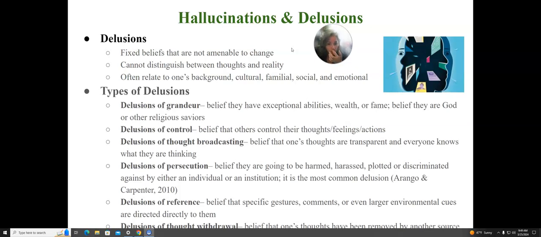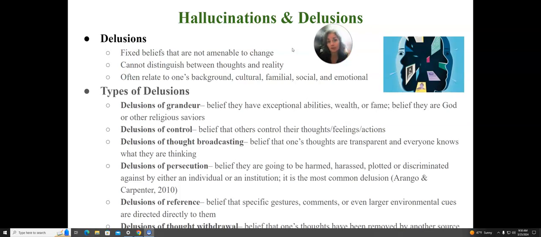There's also delusions of control, where they feel like someone is controlling their brain and their thoughts. They might be suspicious of things like fire alarms, because they might look at those as mechanisms of control. And so sometimes this type of delusion can be mixed with some paranoia as well.